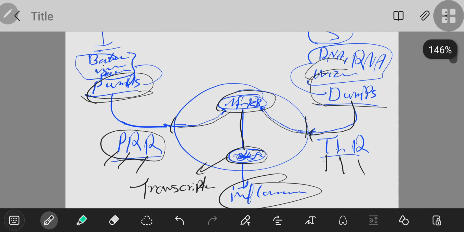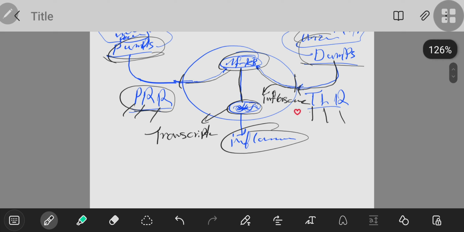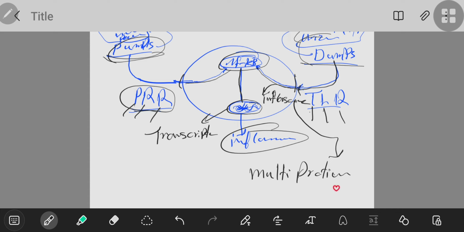On the other side, in the sterile type, there is another way, which is activation of inflammasomes. You're gonna ask, what are inflammasomes? Inflammasomes are just multi-protein complexes. How can this inflammasome lead to inflammation?